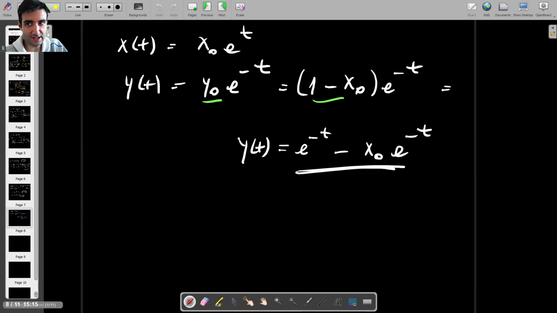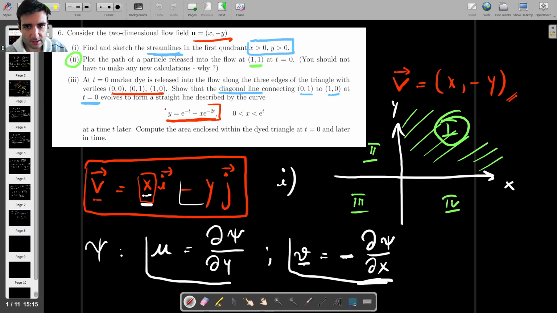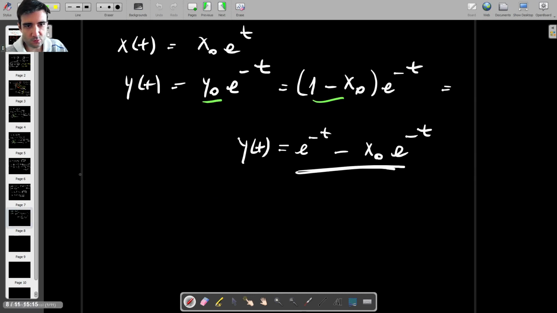So we have to do an extra step. We can express y in terms of x, but what we have in our equation is y, which is good, but we don't have x by itself. Instead, we have x0, which is the initial x position of a particle.